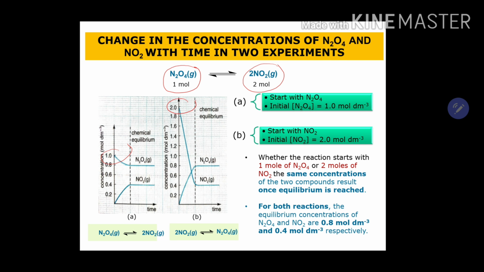Whether the reaction starts with 1 mole of N2O4 or 2 moles of NO2, the same concentration of the two compounds result once equilibrium is reached. So for both reactions, the equilibrium concentration of N2O4 is 0.8 mole per dm cube here, while the concentration of NO2 is 0.4 mole per dm cube.